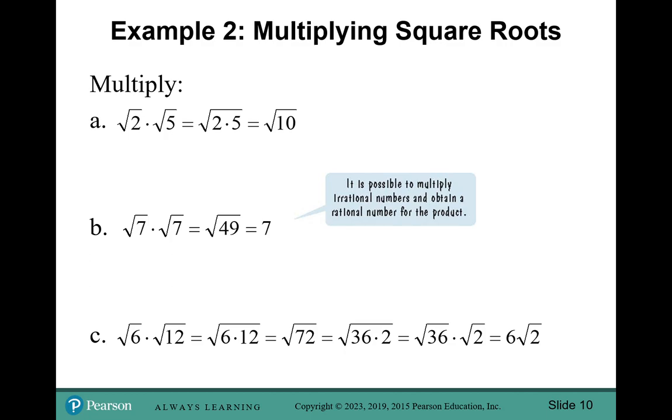Now, if I think about the factors of 72, 36 is a factor of 72, and it is a perfect square, because the square root of 36 is 6. So we're going to break this 72 that we multiplied down to 36 times 2. The square root of 36 is 6, so we simply reduce down to 6 square root 2.